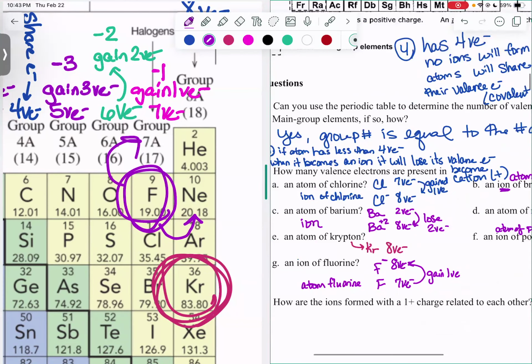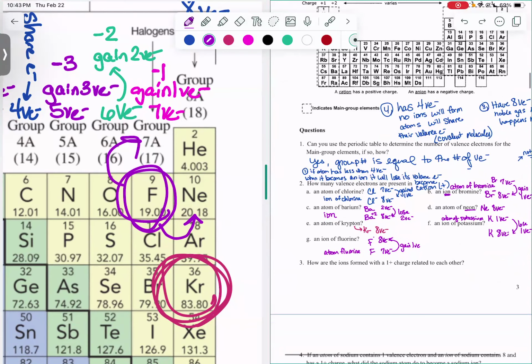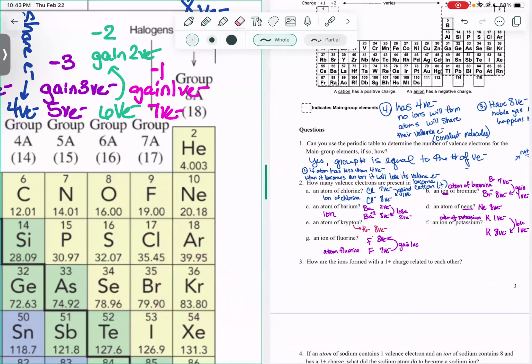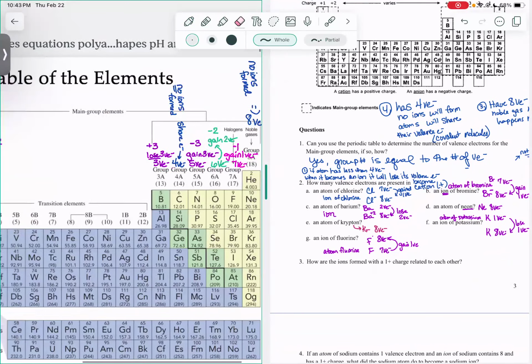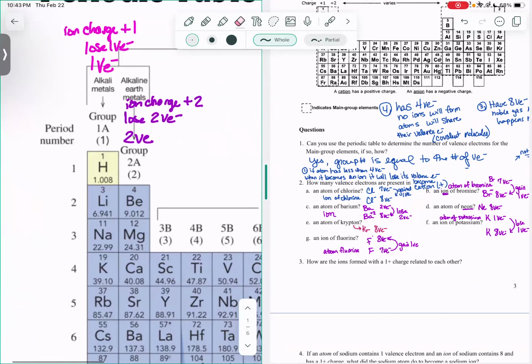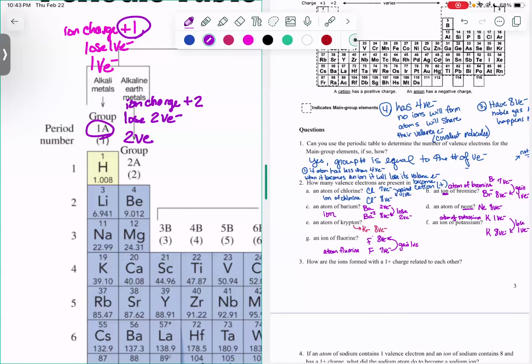Okay, so how are the ions formed with a +1 charge related to one another? So if we erase this stuff and go find who's got a +1 charge, well, everybody in group 1A has a charge of +1. So how are they related?